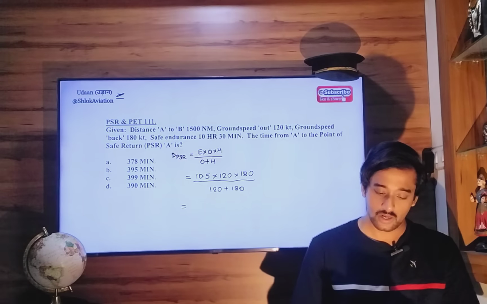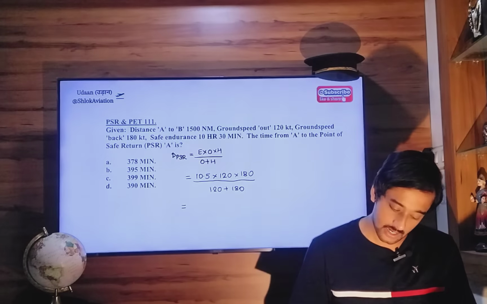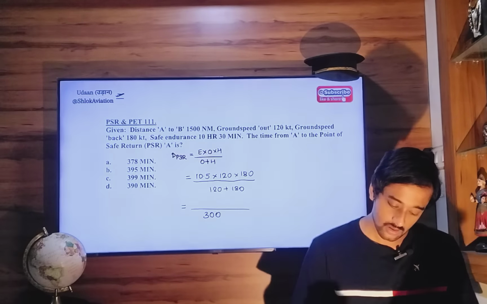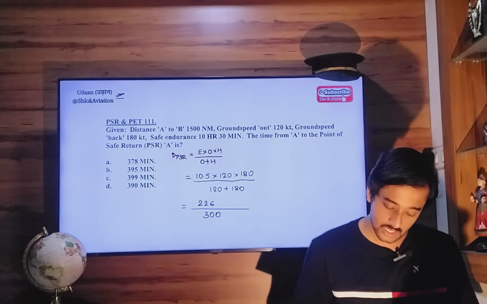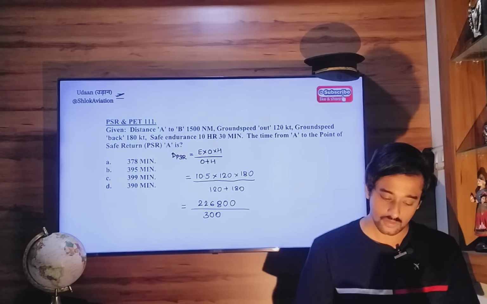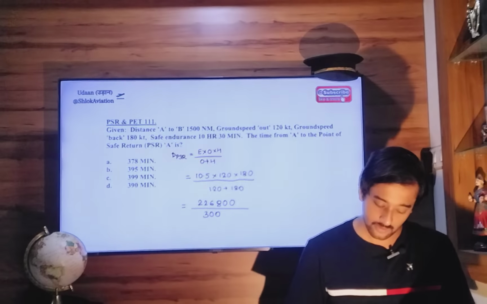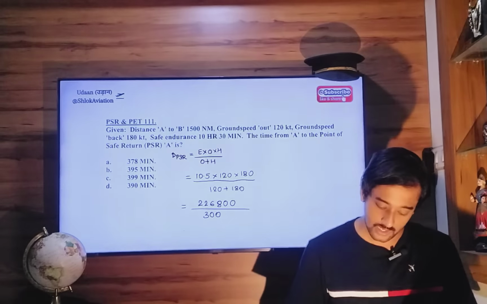So 120 plus 180 is 300. 10.5 into 120 into 180 is 226,800. That is equal to 756 nautical miles. So what is the time to PSR?